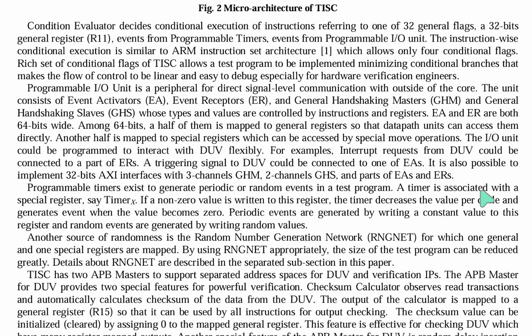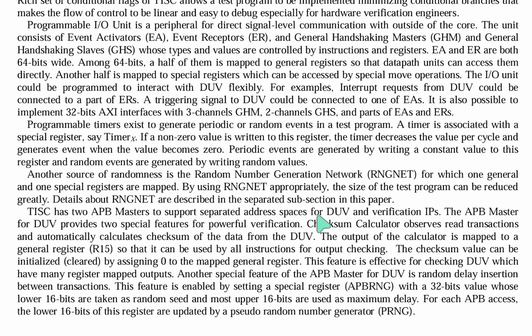A timer is associated with a special register, say timer X. If a non-zero value is written to this register, the timer decreases the value per cycle and generates an event when the value becomes zero. Periodic events are generated by writing constant values to this register, and random events are generated by writing random values.